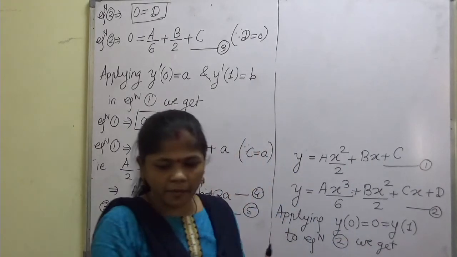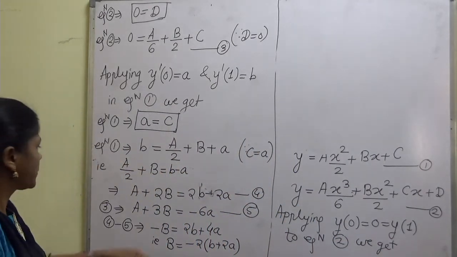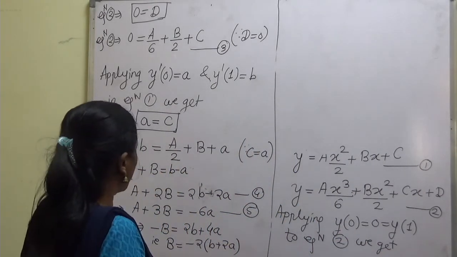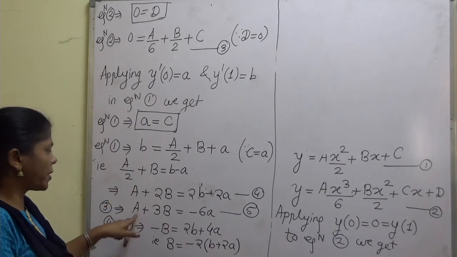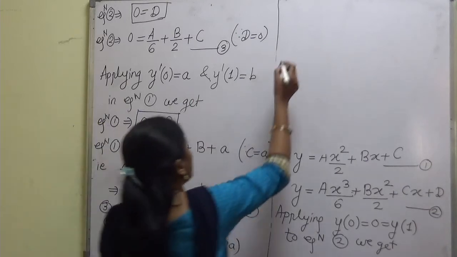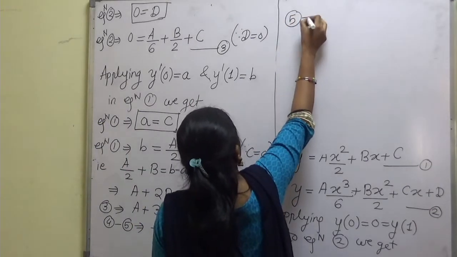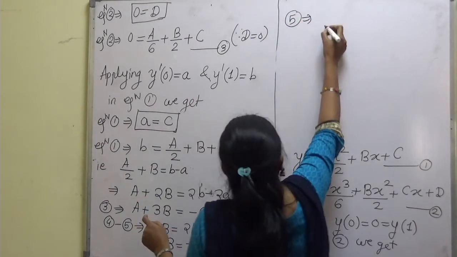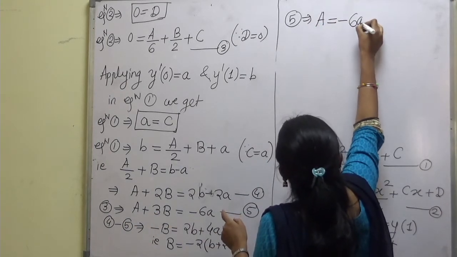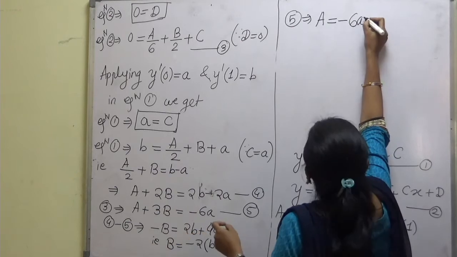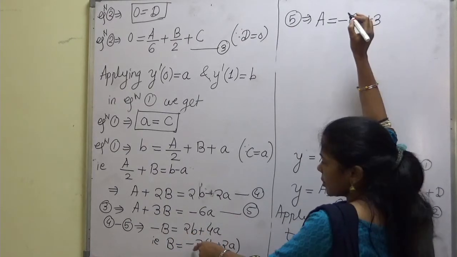And then let us obtain the value of a. a is left. Okay, so if you wish, you can put the value of b in equation number 5. So equation 5 implies a is equal to minus 6a and then 3b. So plus 3 times b. What is the value of b?